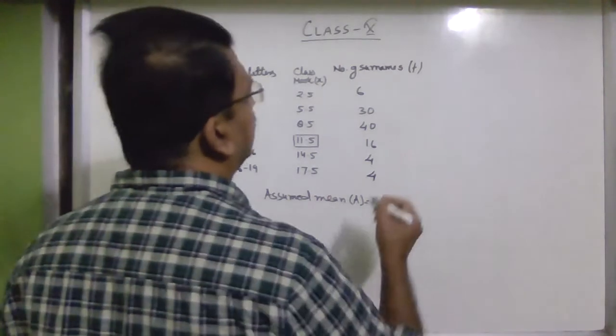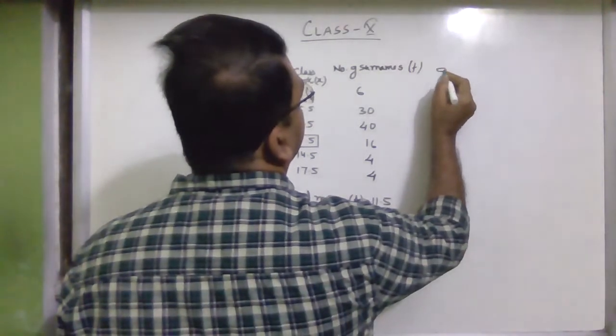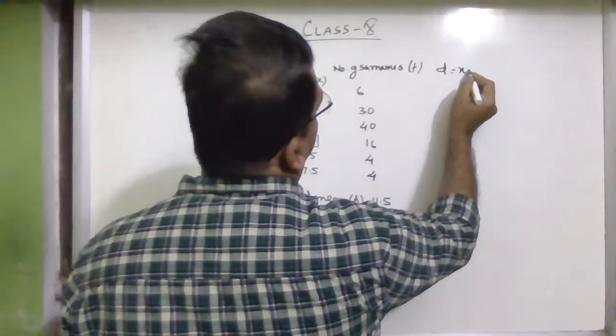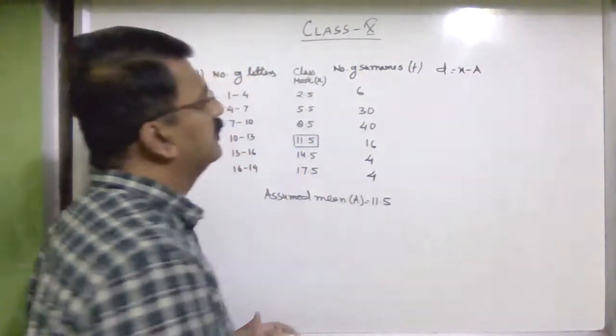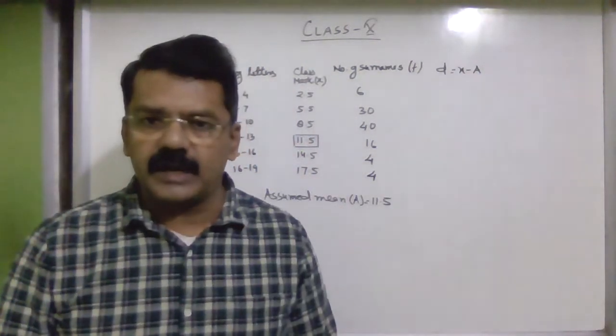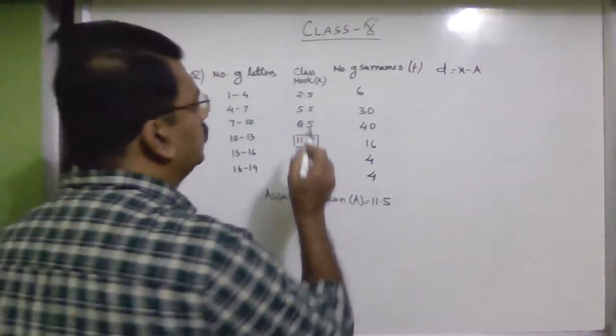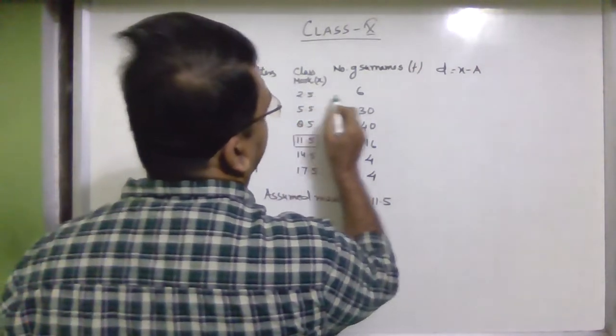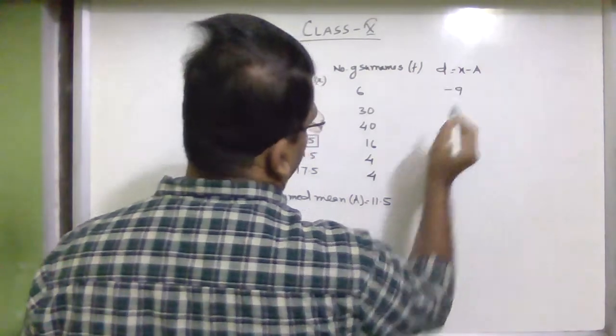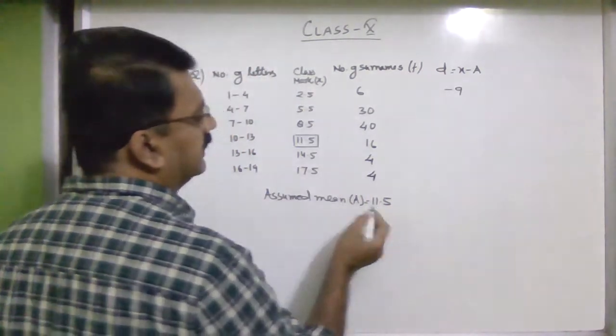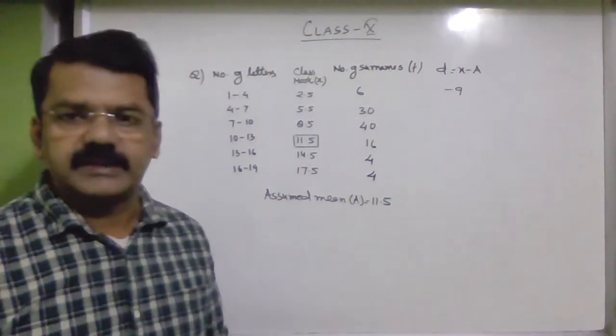Now here you have to make a table d, which is equal to x minus a, means from all the values of x you have to subtract the assumed mean. So 2.5 minus 11.5 will be minus 9.